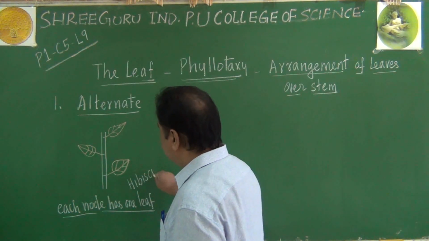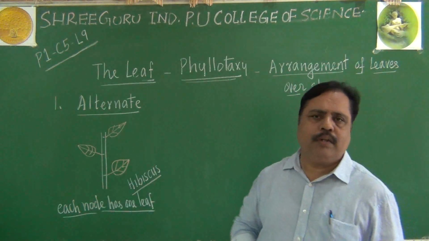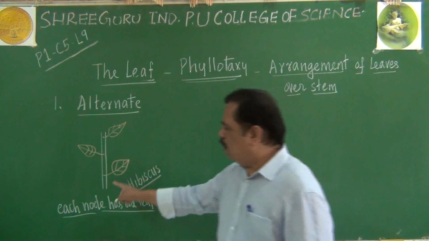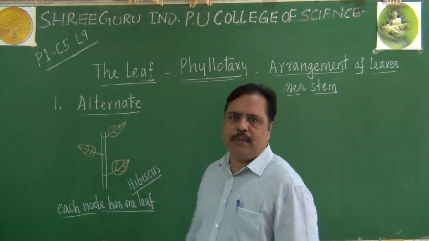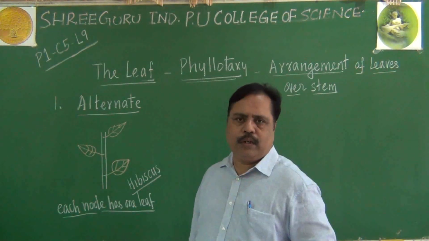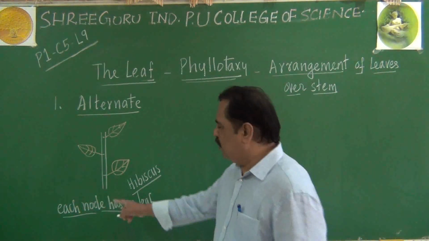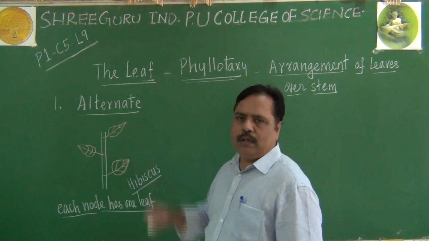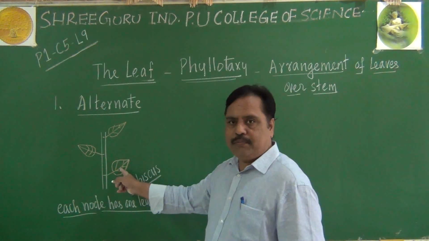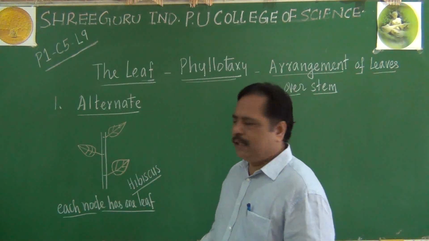Hibiscus we have seen, where we could come across alternate type of phyllotaxy. One node gives rise to leaves like this. One node, one leaf only. One petiole, one lamina, I told you. Now it is one node has one leaf only. It may be simple leaf or it may be compound leaf. That is different. This is alternate type.